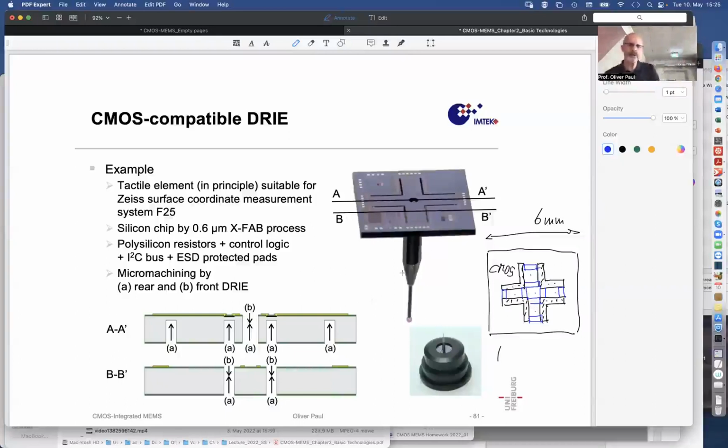I add this tip mounted here in the central hole that I can also etch in the first place right across the center. So there's a hole, and then I attach this tip, and if I expose this tip to forces in the three directions, this will be able to mechanically deform the cross bridge, whereas the remaining chip around is all solid and robust, and that means that there are then curvatures.